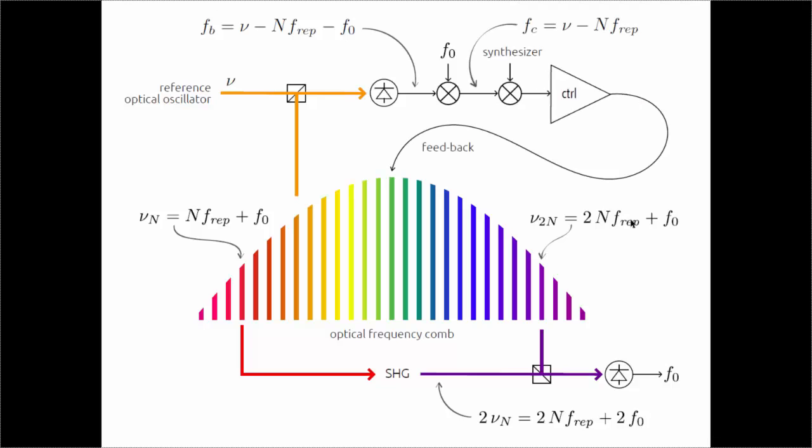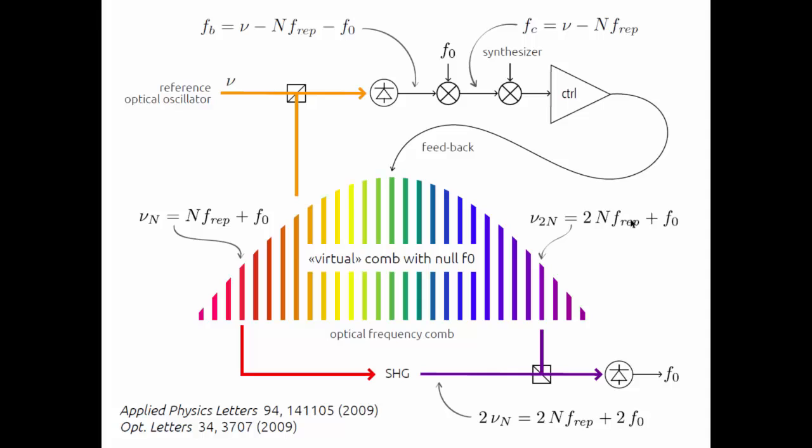Then we get a beat note that's independent of f0. We can stabilize the frequency of this beat note, act with a control loop on the comb, and obtain the stabilization on all the lines of the comb. This technique implements actually a virtual comb that has a null offset frequency.